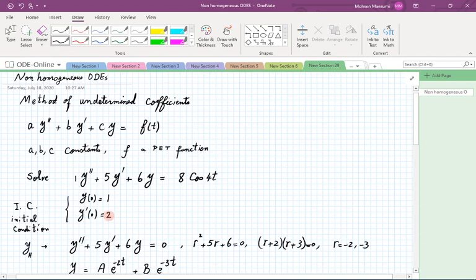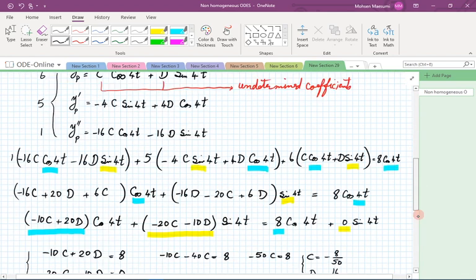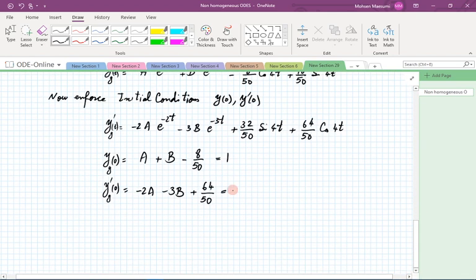If you remember, y prime was equal to 2. So again, we have a 2 by 2 system to solve, not any more complicated than what we just looked at. We go ahead and solve this thing. So I have a plus b is equal to 1 plus 8 over 50.